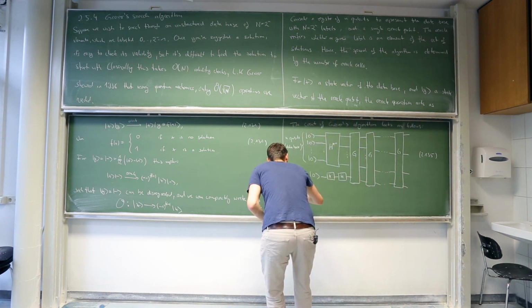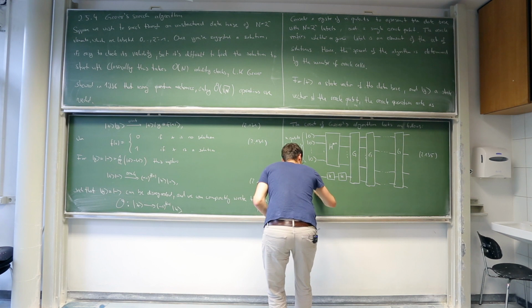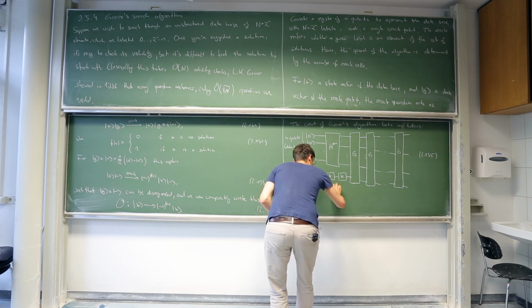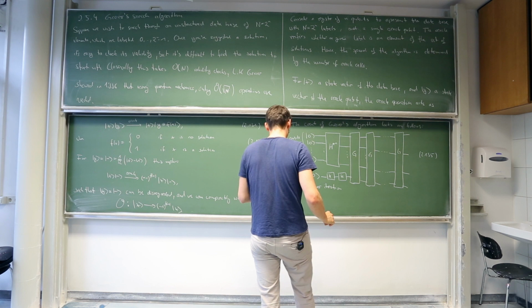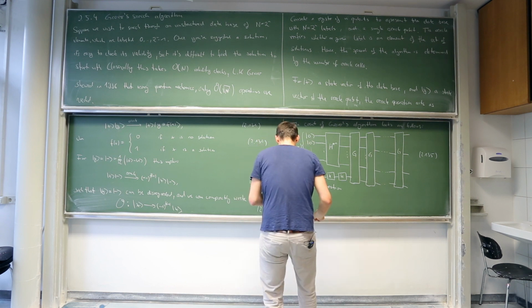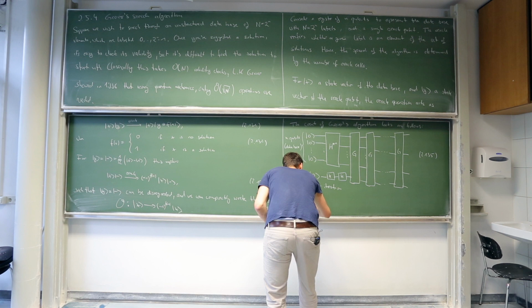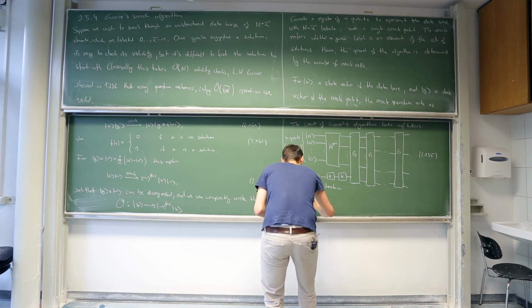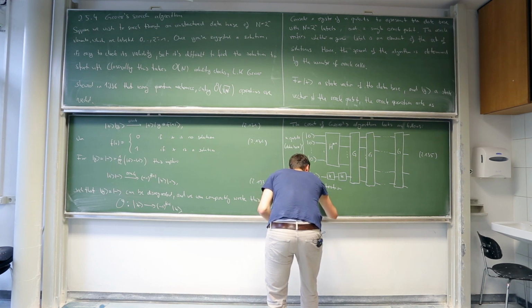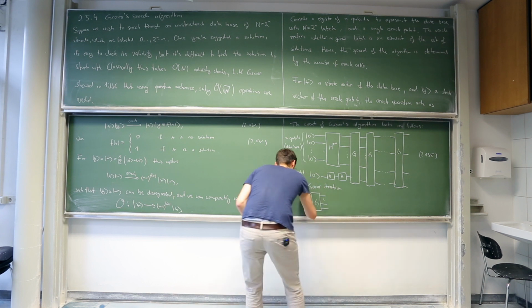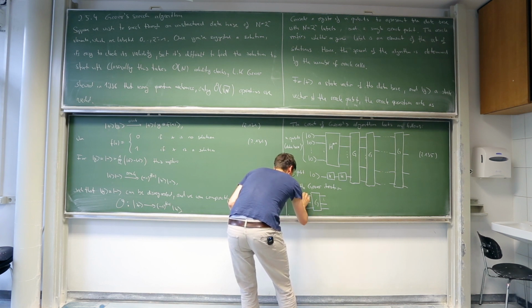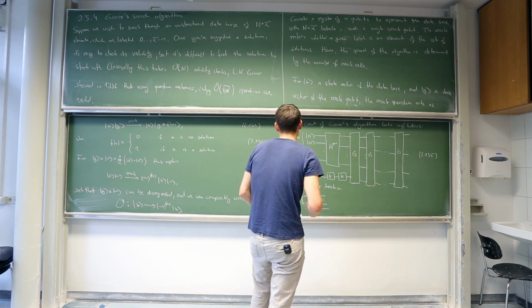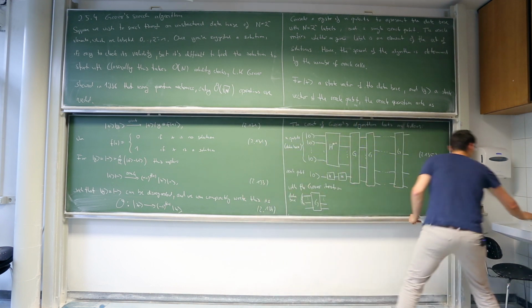With the Grover iteration, this was our database. Okay, this is too small. Sorry, I have to use another board.